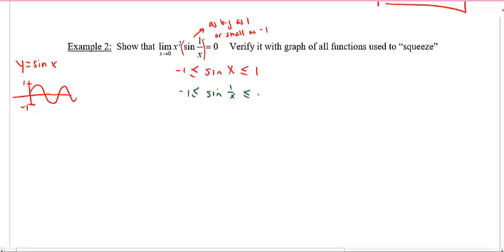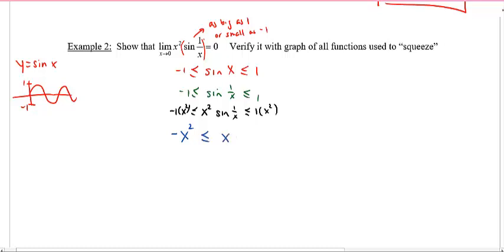It's still going to be bigger than or equal to negative 1, and smaller than or equal to 1. But now if I multiply everything by x squared, because that's the function I'm really looking for, that would mean I'd have to multiply both the negative 1 by x squared and the positive 1 by x squared. And therefore, now, I've got this expression.